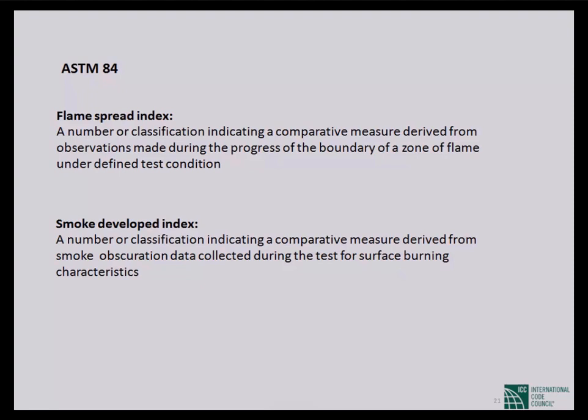The flame front will move from one point to the other. How does it propagate from the tip over a certain distance? That is measured against a standard oak sample, and it is quantified, and it will give you a flame spread index.